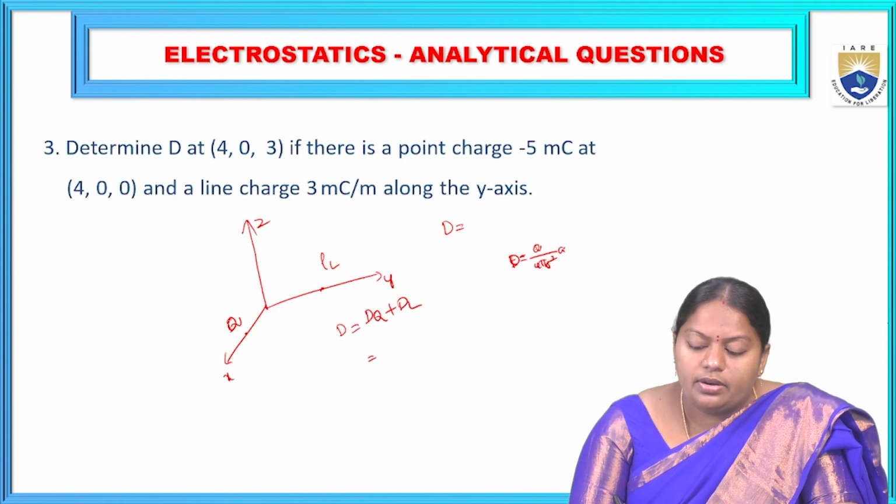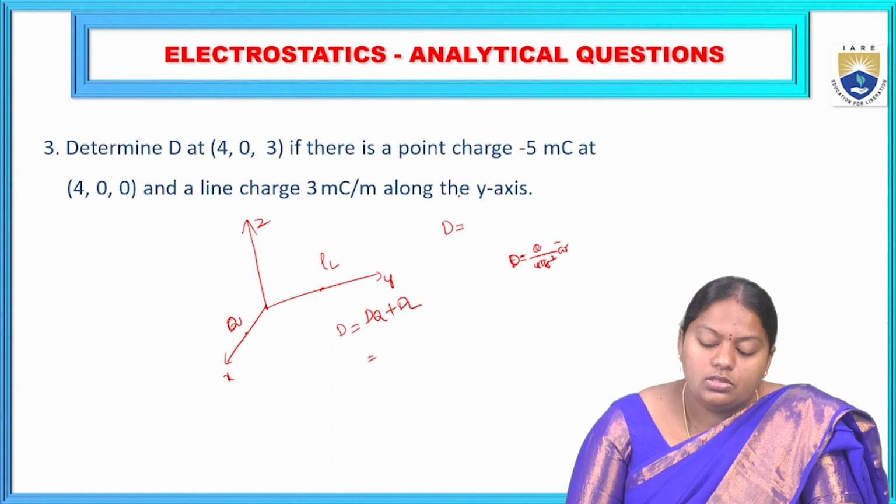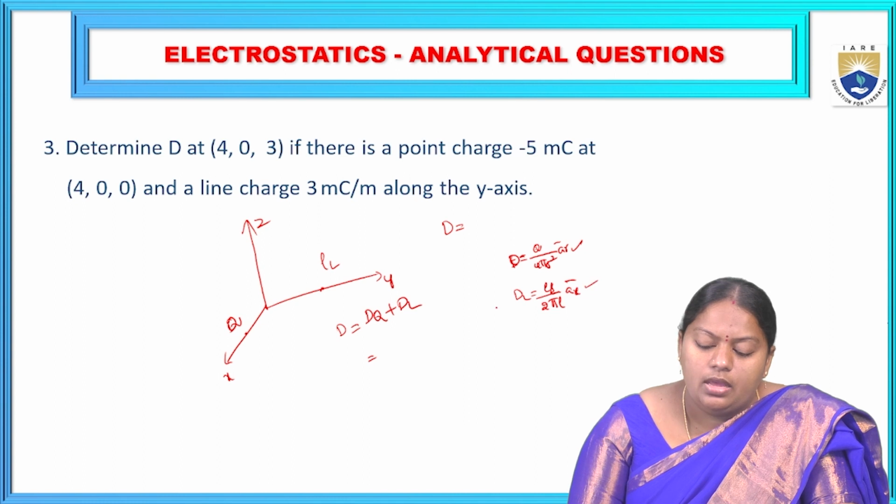Here r is the distance between the point (4, 0, 3) and the point charge in one case, and the line charge in the other case. Separately, D_L is evaluated as rho L by 2 pi rho into A rho, which is another formula. If you substitute all the values in these, you get D in vector form, measured in coulomb per meter square.